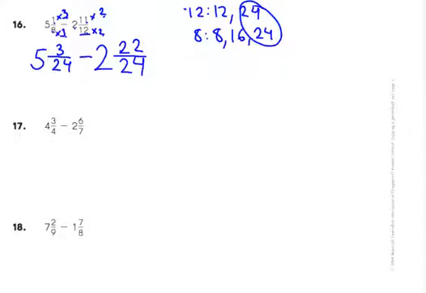So I'm going to take 1 from the whole number, cross it out, and put a 4. And then I'm going to add 3 plus 24. I'm adding the denominator to the numerator.